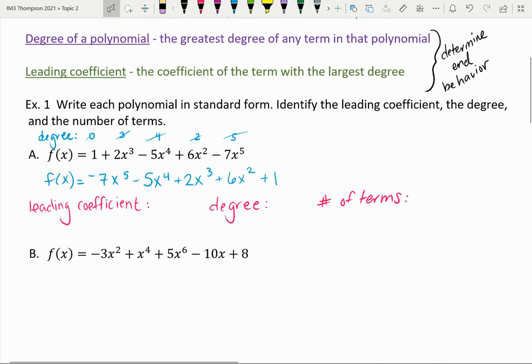And then to answer the rest of the prompt, identify the leading coefficient, the degree, and the number of terms. So the leading coefficient, I go to the first term when it's in standard form, and I'm looking for the coefficient, which is going to be this negative 7.